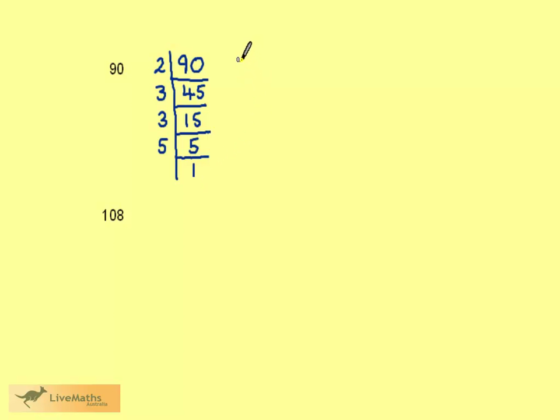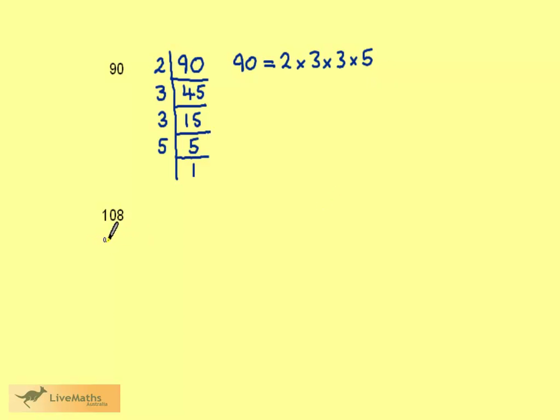We can now write that 90 is equal to 2 times 3 times 3 times 5, just reading from the left-hand side of the ladder.